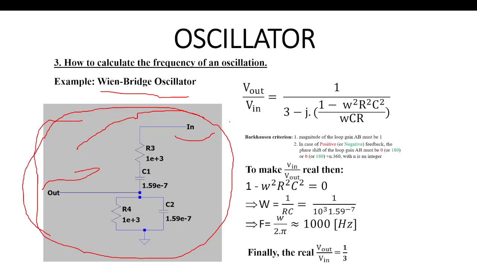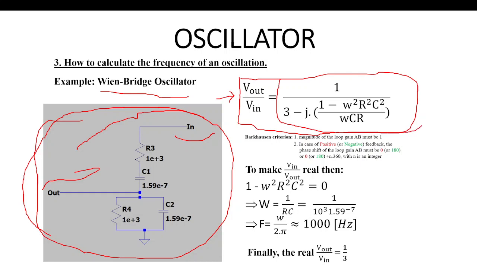The book covers the topic very well, and a signals and systems book will also give you a good definition of the transfer function of a circuit. So according to the theory of the network, or theory of a circuit, we can obtain the transfer function of the output and the input.